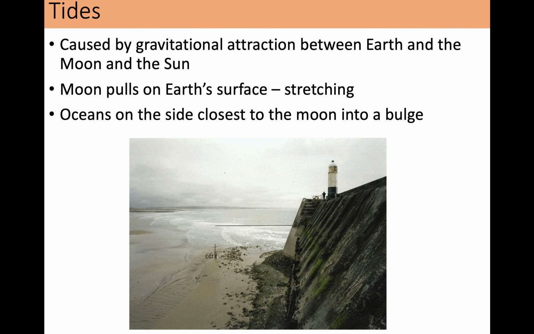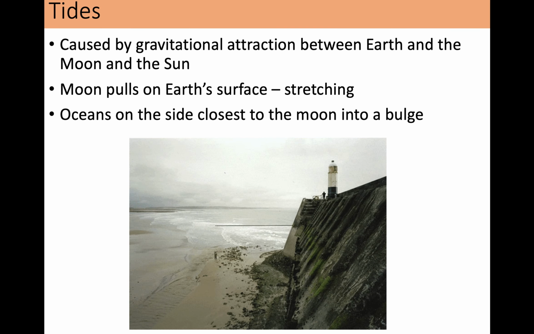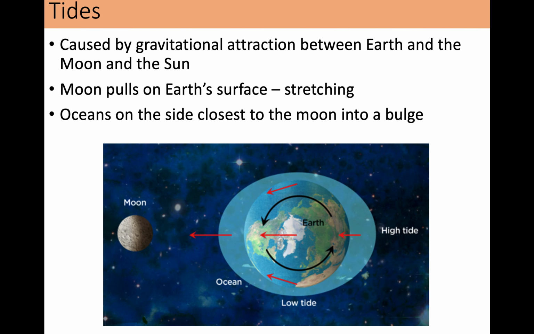So tides are caused by the gravitational attraction between the Earth and the moon, and between the Earth and the sun. So the moon pulls on Earth's surface, which creates a stretching effect, which means the oceans on the side closest to the moon bulge. They kind of stretch out like this.